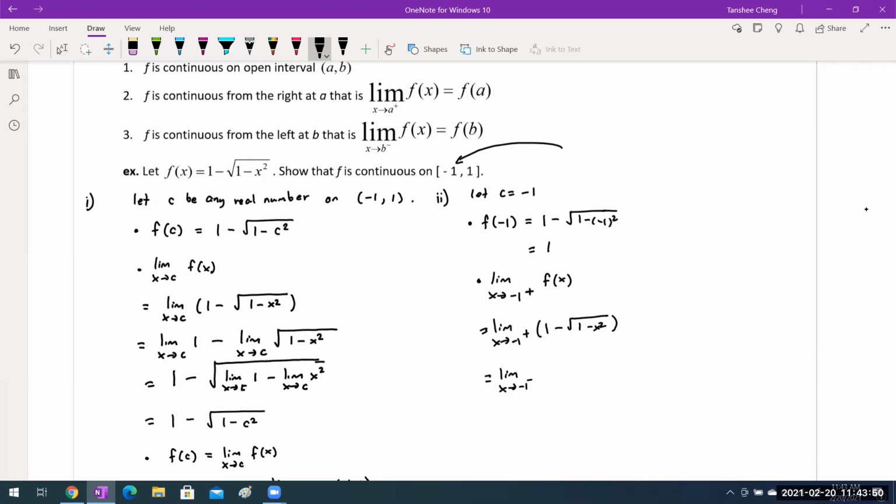Using the limit laws, I can show this as 1 minus the square root of the limit as x approaches -1 from the right-hand side of 1 minus x squared. So this is basically 1 minus the square root of 1 minus -1 squared, according to the limit laws that we can use. And this is still 1.